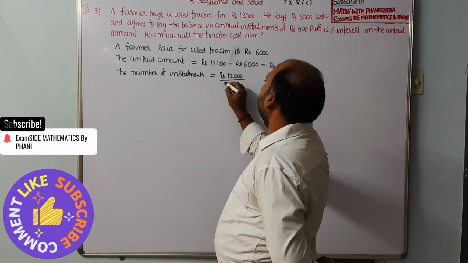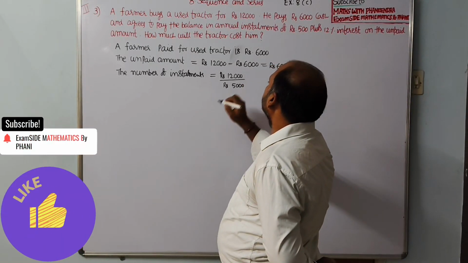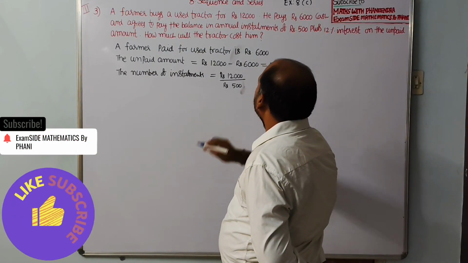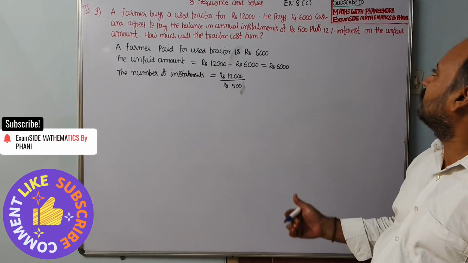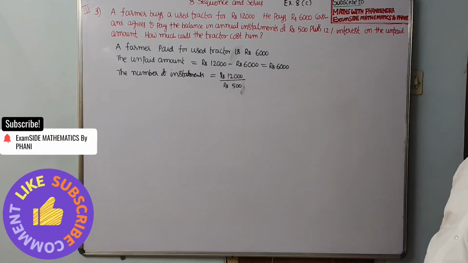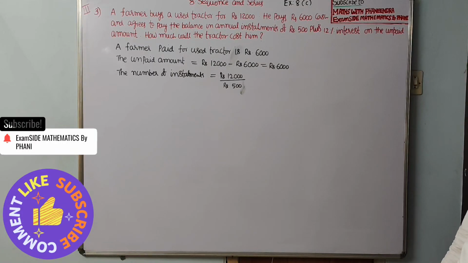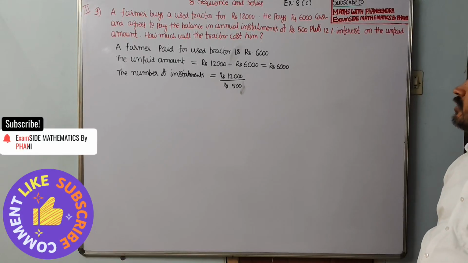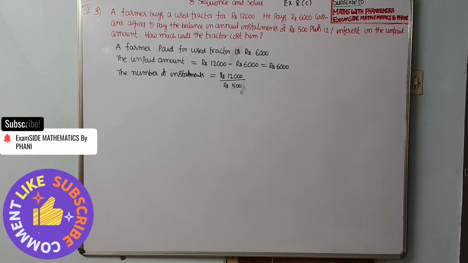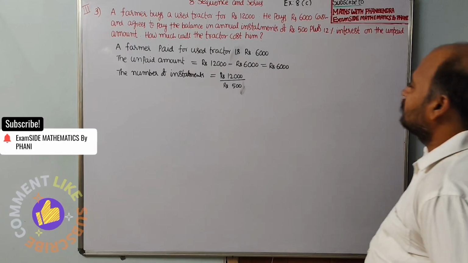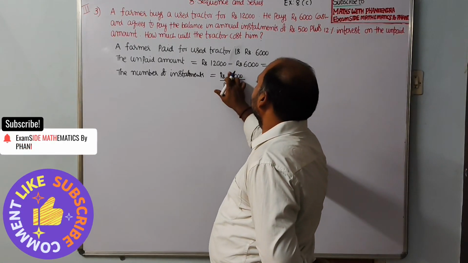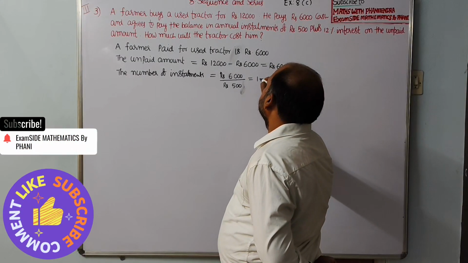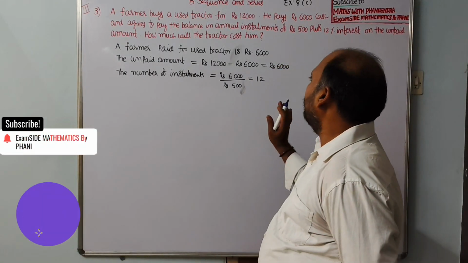Every time 500 rupees he is paying. The balance amount is 6,000 only, no? So number of installments we have only 12.